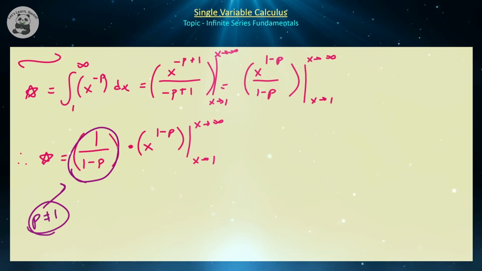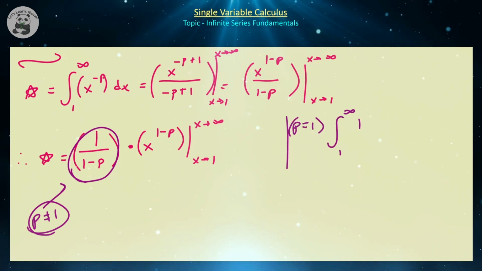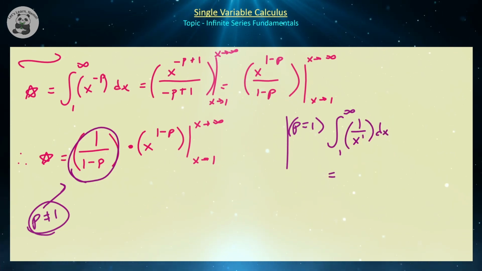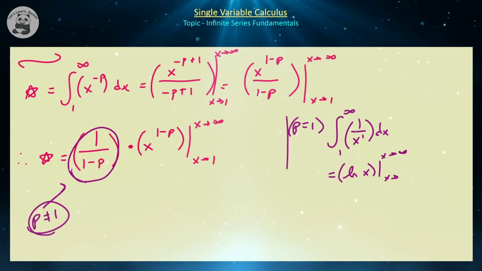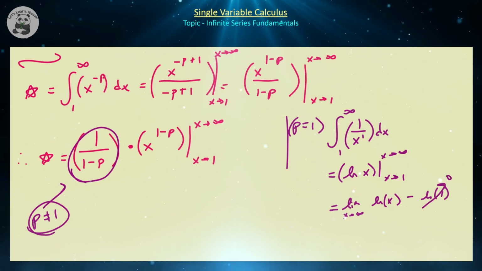And you might be like, well, what's so wrong with p equal to 1? So when p is equal to 1, we're going to have the integral from 1 to infinity of 1 over x to the 1 dx, which we know is going to be equal to the natural log function evaluated as x goes to infinity, as x goes to 1, which is equal to the limit as x goes to infinity of the natural log of x minus the natural log of 1, which we know is equal to 0.